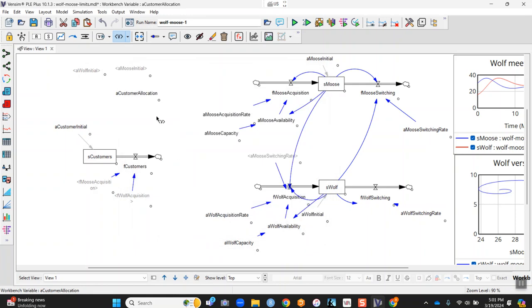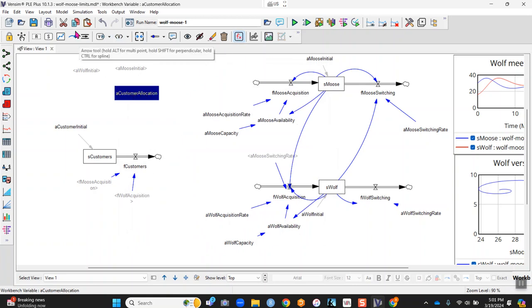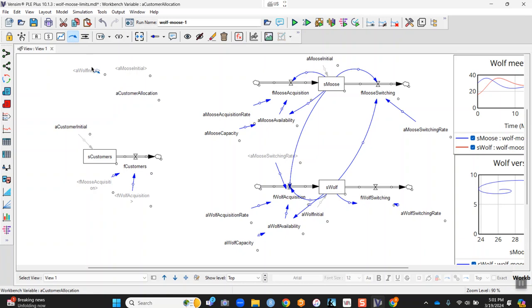Let's do it this way. Put an arrow from here. This is all in the interest of keeping it simple. And I want to see if it works.